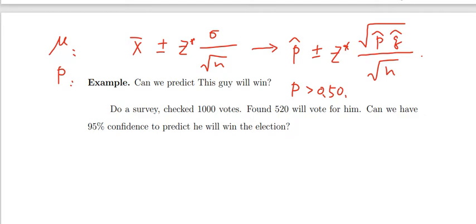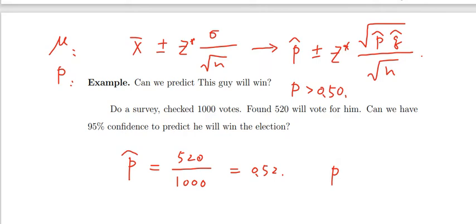So the proportion from our survey sample is 520 over 1,000, which is clearly larger than 50.